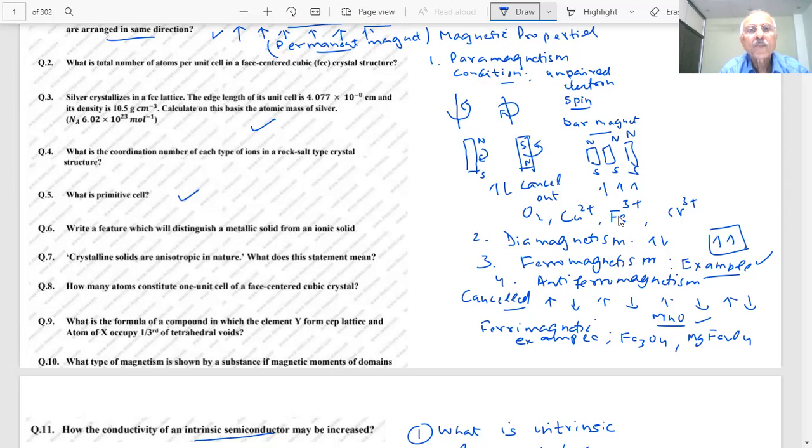Rock salt means NaCl. The coordination number will be 6.